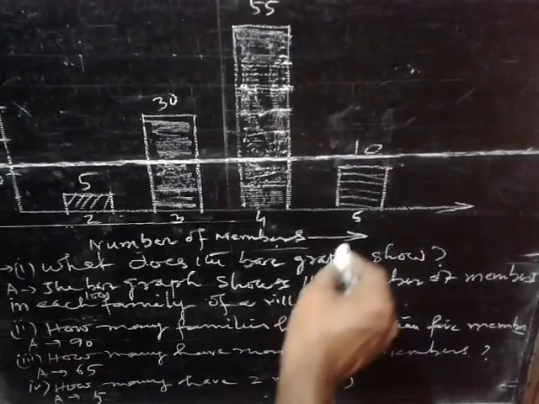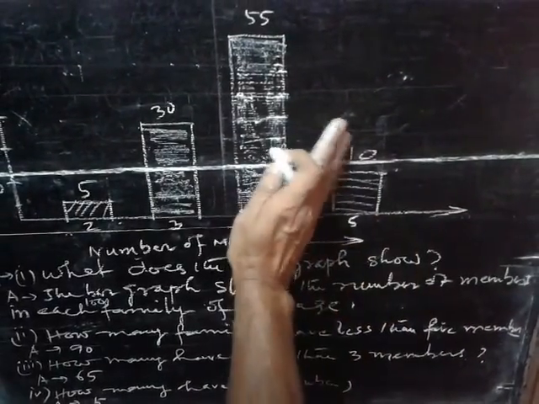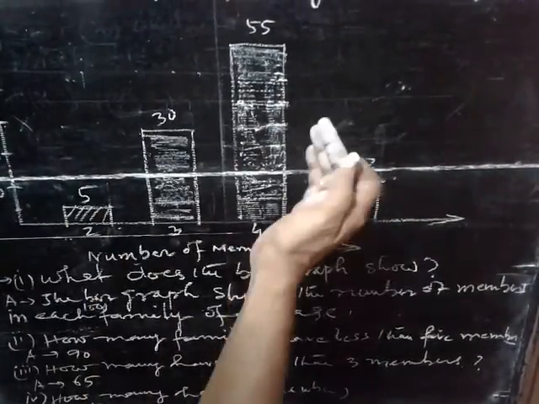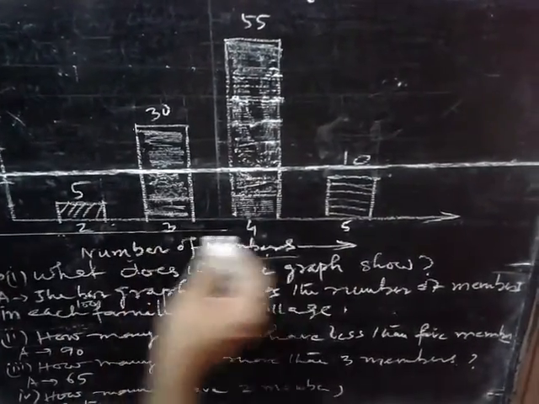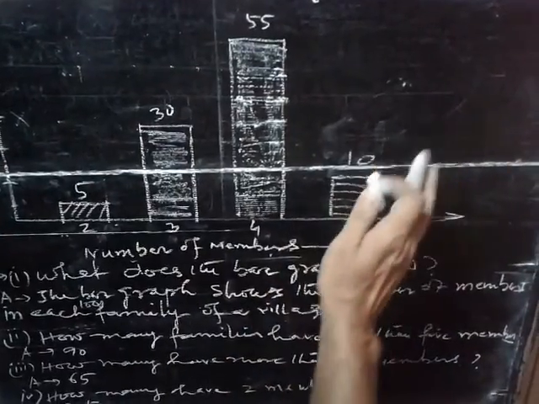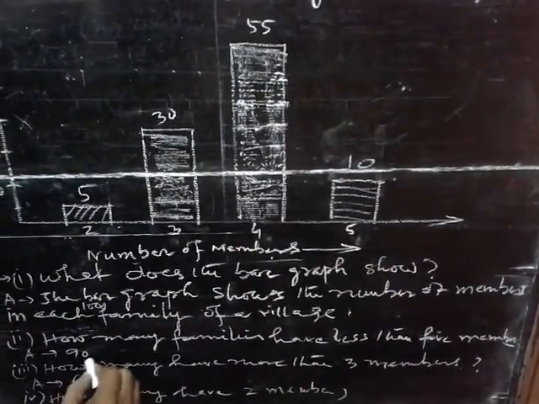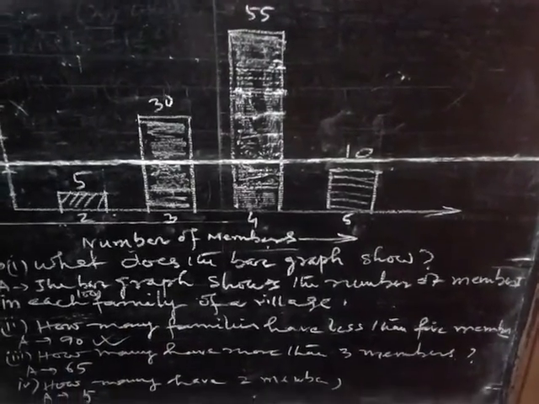Out of 100, 10 families have 5 members, so the rest are less than 5, and the answer will be 90.